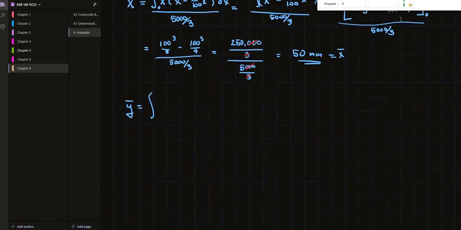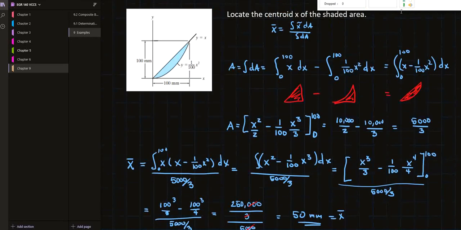So now with y bar, we're going to do y. Well, the thing is we're going to be integrating this way now with y, and we need to find these are one-to-one relationships here on these functions. We need to invert these so we get functions.